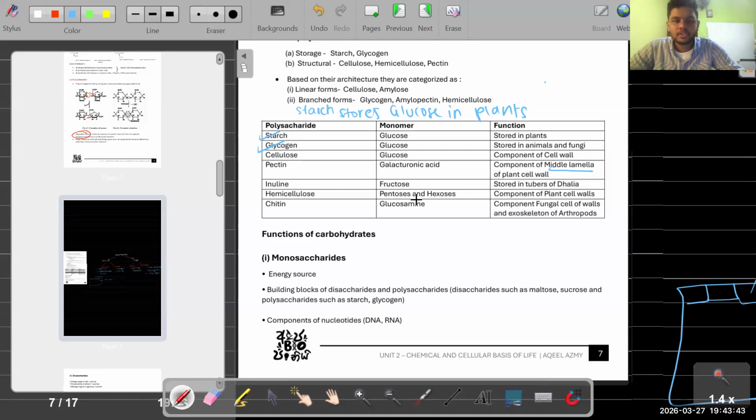So what is this middle lamella? You might ask, so what is this middle lamella?